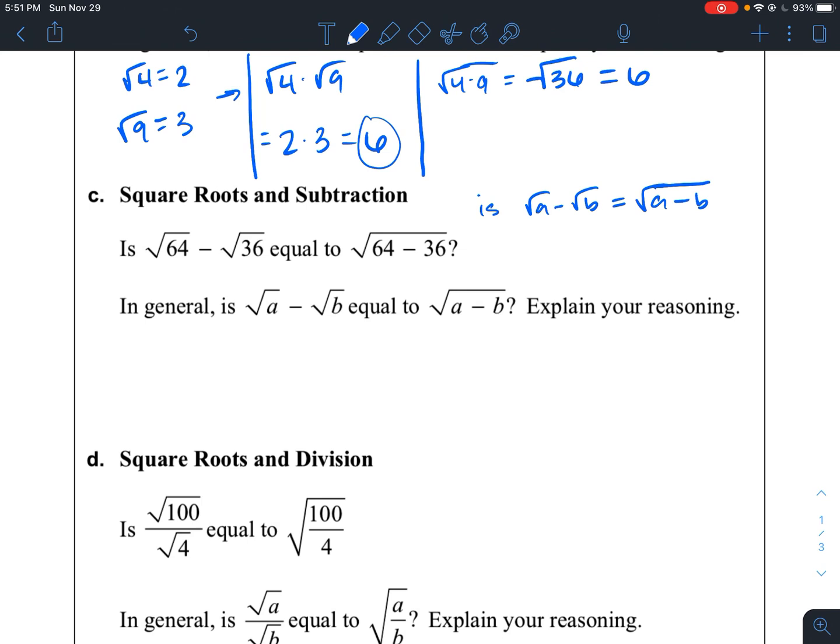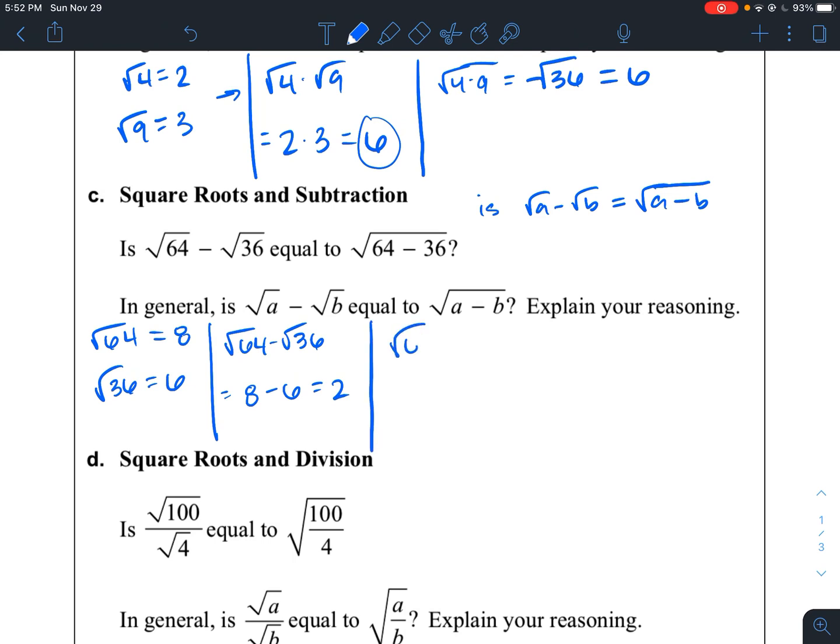Are they the same thing? We have the square root of 64. We know that's equal to 8. We have the square root of 36. We know that's equal to 6. So the square root of 64 minus the square root of 36 is equal to 8 minus 6, and that's equal to 2.